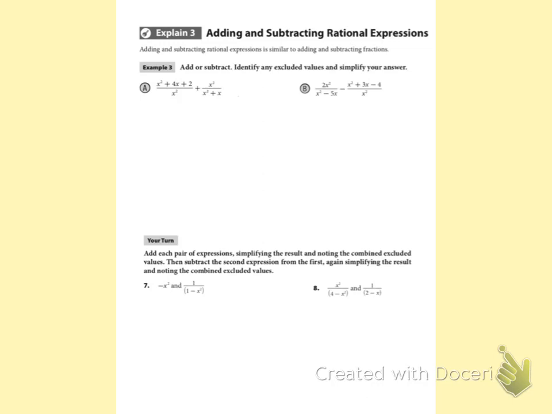Well, in this case, this is adding. But in the second example, they want us to subtract. So let's go ahead and first see what the common denominator would be. So looking at the denominators, only this one really needs to be factored. And when I factor it out, I have an x times x plus 1. And so I can see that the other one does have an x, but it actually has an x squared.